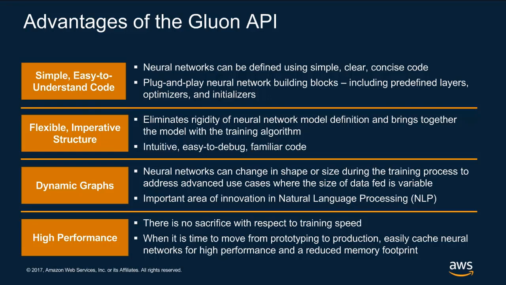As I mentioned in the previous slides, Gluon also enables high performance when it comes time to train your model with the full heft of all of your data. Basically, you can do all of your experimentation and then flip a switch very easily, moving to the high performance engine of Gluon.